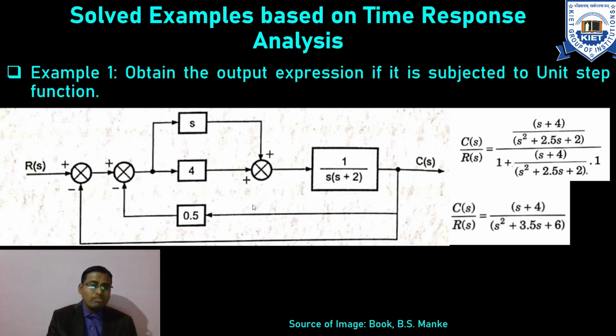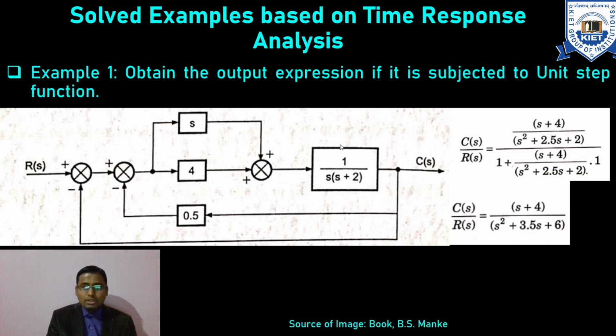So first of all, we have to compute C by R, that is C(s) upon R(s). So we have to reduce and simplify this block diagram, and after that compute C(s) upon R(s).